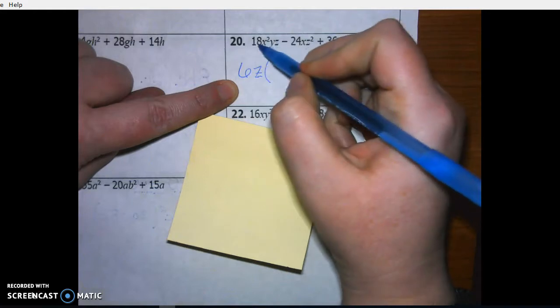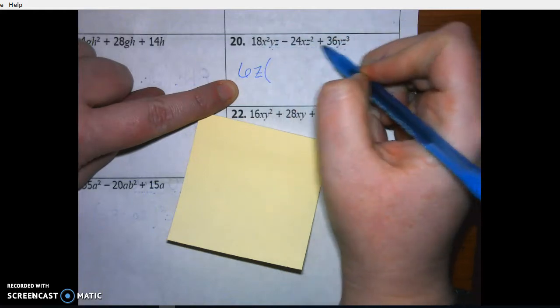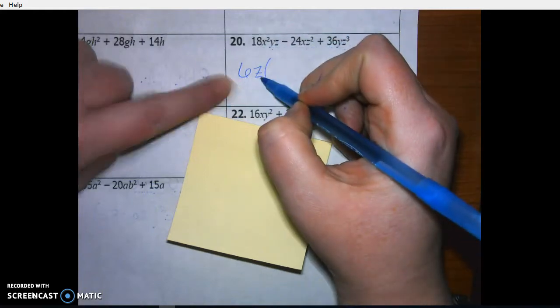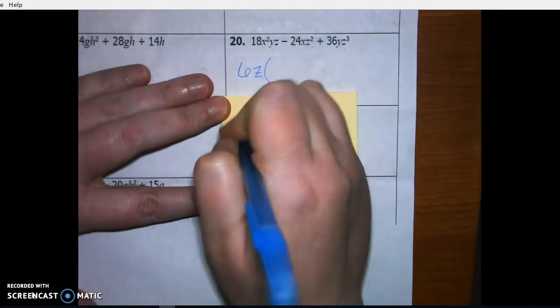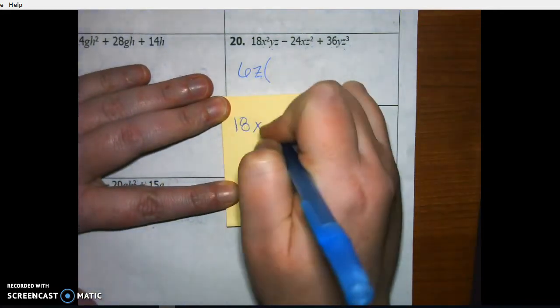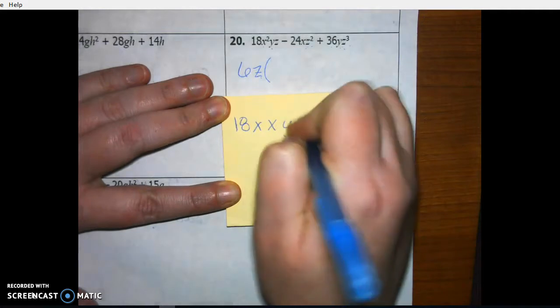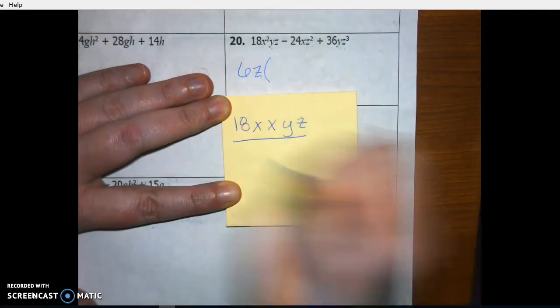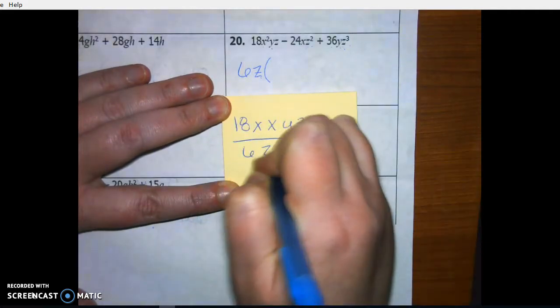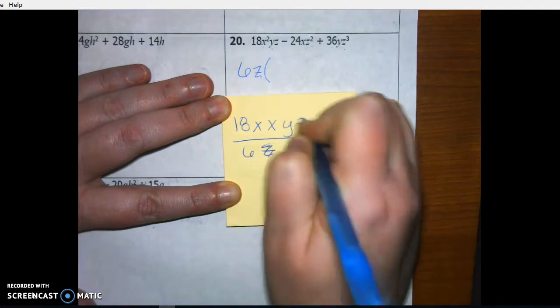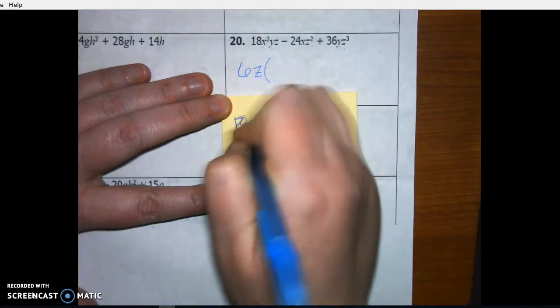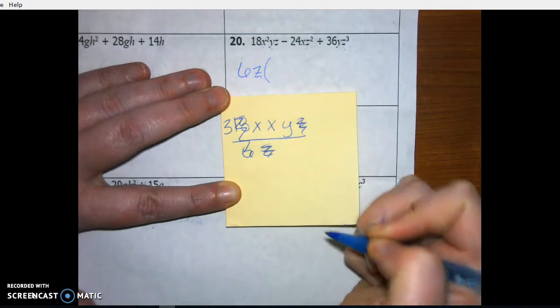Now I divide each term by 6z. So that looks like this. 18x squared yz divided by 6z. Well, this cancels that, and 18 divided by 6 goes to 3.